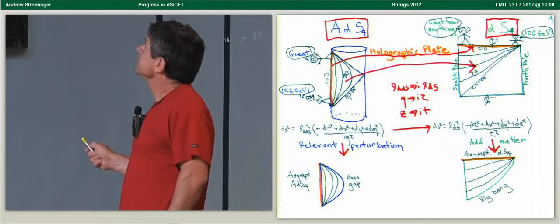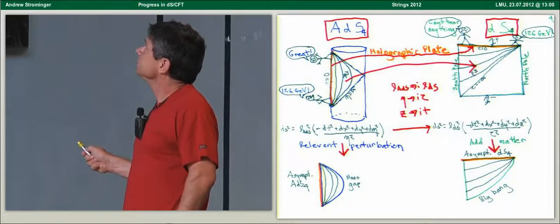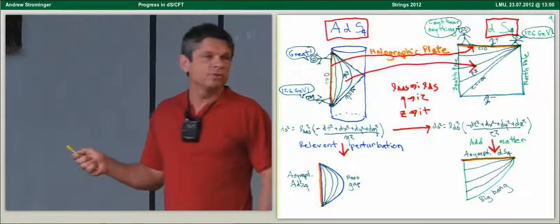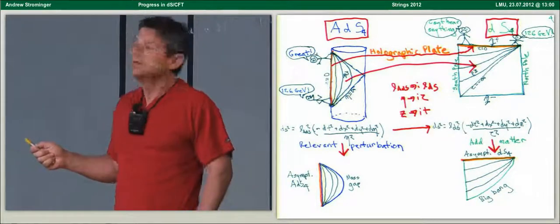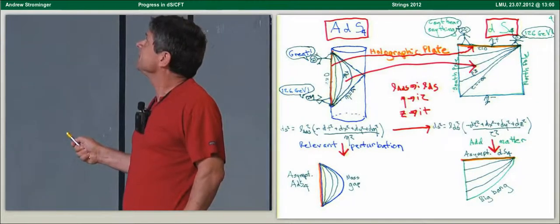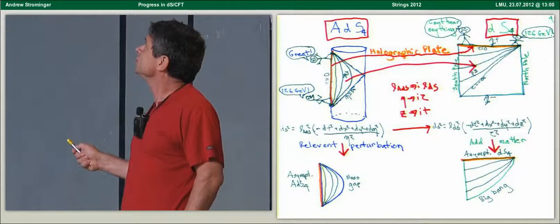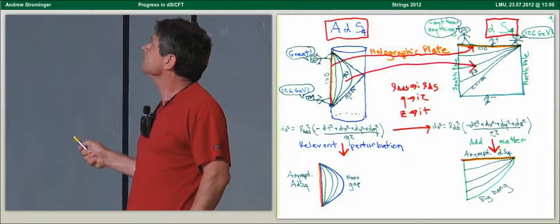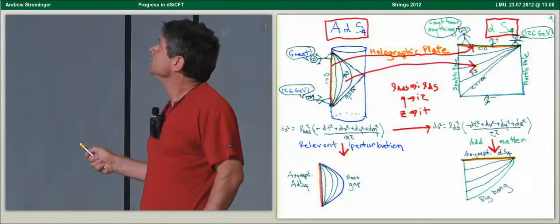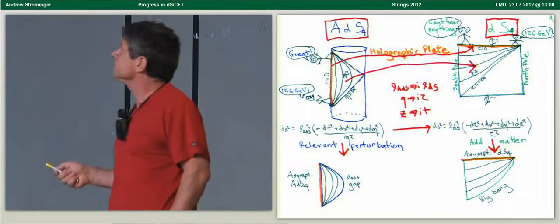But up here in de Sitter space, all the points on the boundary are space-like separated, and therefore no communication is possible. So the numbers that exist up here cannot be understood in terms of causally related experiments.